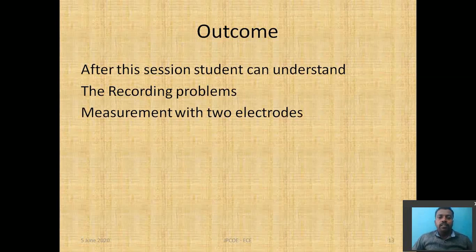Only then is the noise reduced. To get better performance, we have to match the impedance, either by an impedance matching circuit, or by making the input impedance of the amplifier several times greater than the impedance of the electrode. These are the important things in this session.